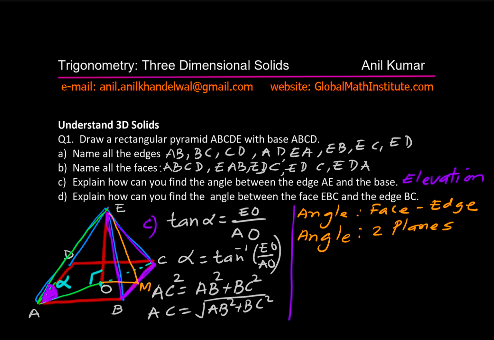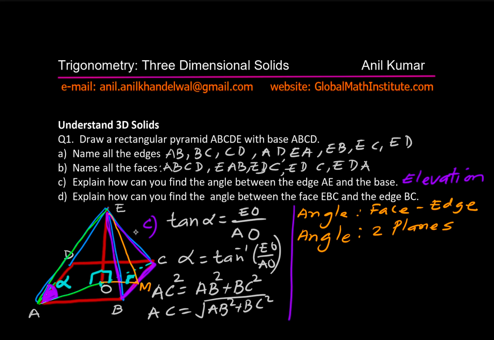So the face is one plane and the other plane is the base itself. And to figure this out, what we have done is that we have taken a midpoint, and of course that will be at right angles. Now, sorry, this place is right angles, not that. Sorry, we have to find that angle.